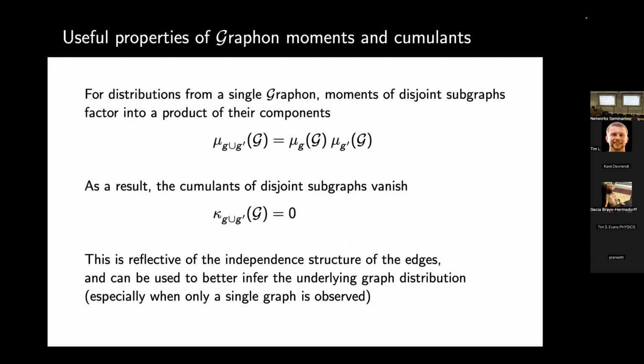For single graph ones, for the moments of disjoint graphs, if you have two subgraphs that are disjoint, the moment just products. And for the cumulants, if the subgraphs are disjoint, then the cumulant is 0, which reflects the independent structure of the edges and can be used too.